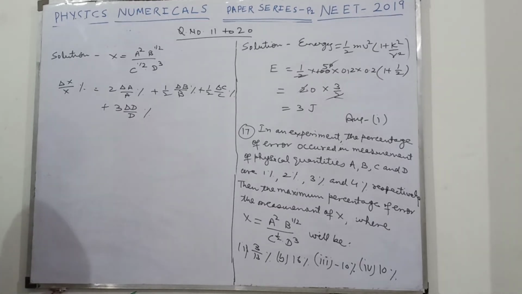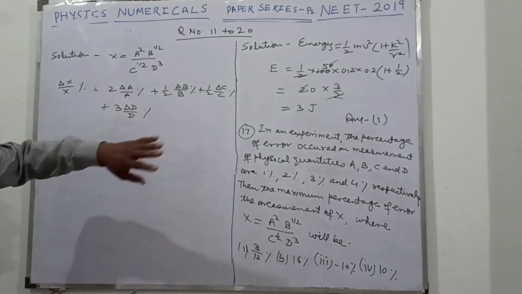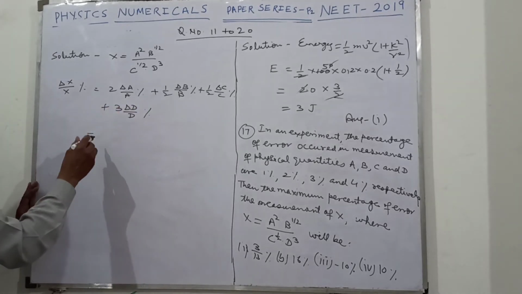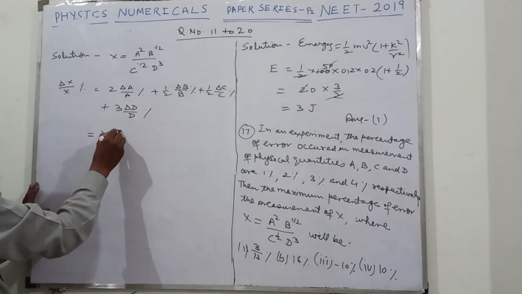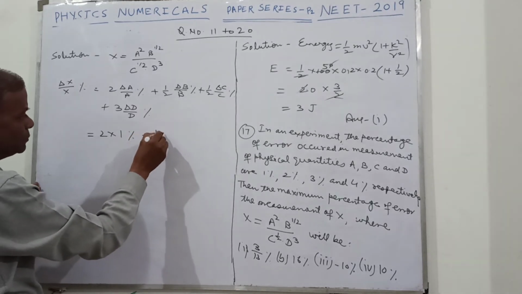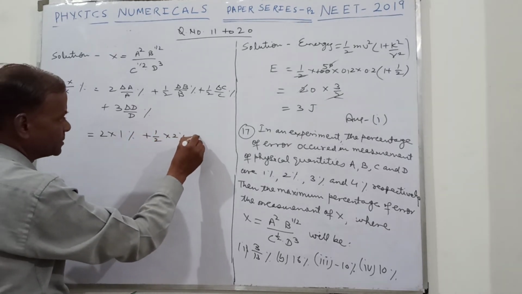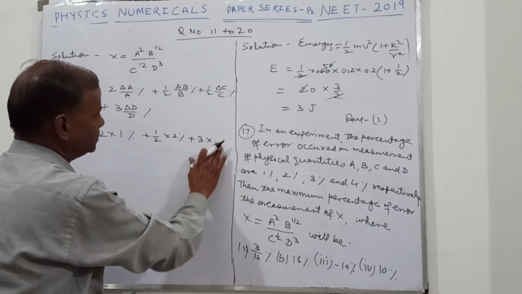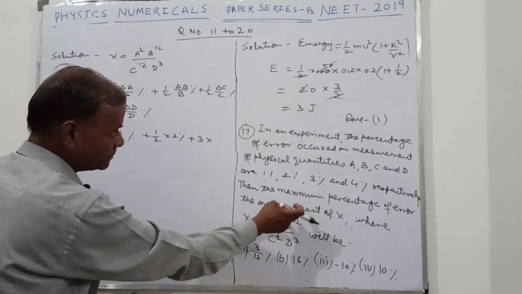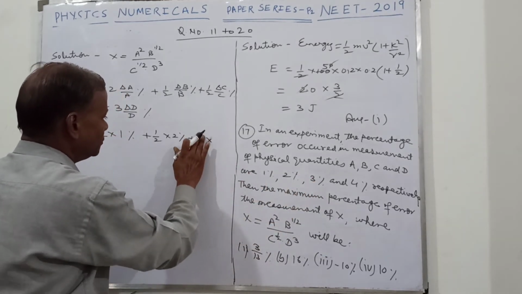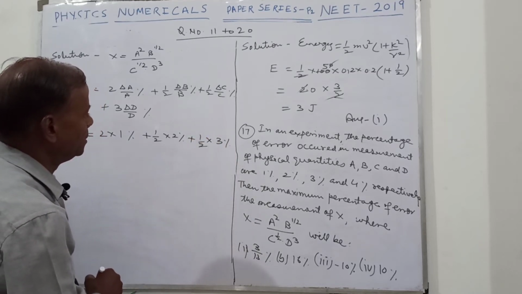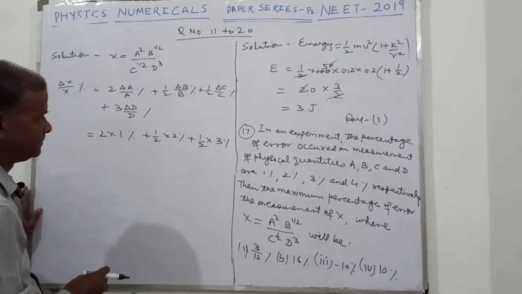You have to find the maximum error, so you eliminate all the negative signs and take them all positive, and whatever the indices are, they will be multiplied by this error. This is now 2, this error is 1%. Now this is 1 by 2, this is 2%, plus 1 by 2 into delta C upon C, this is 3%.